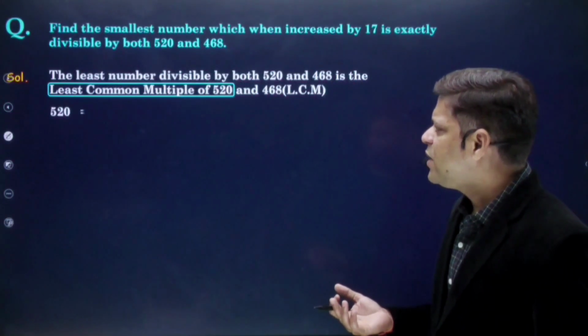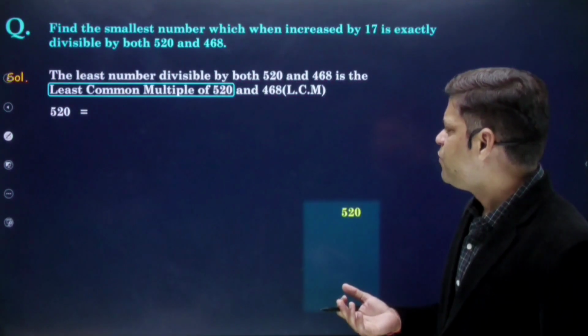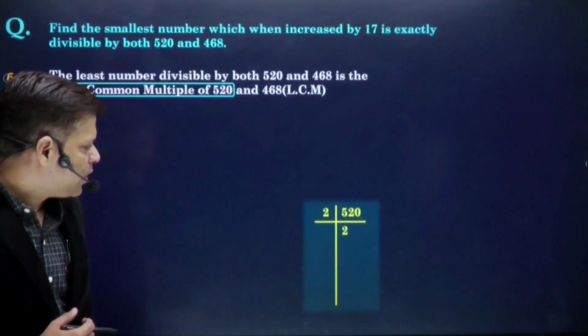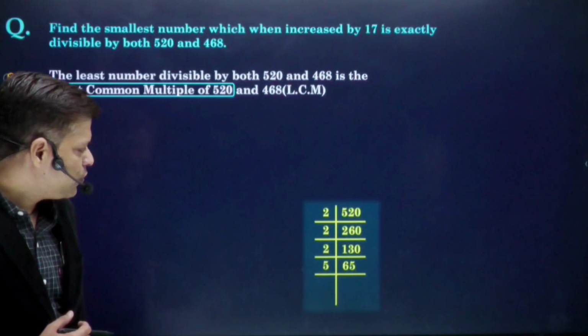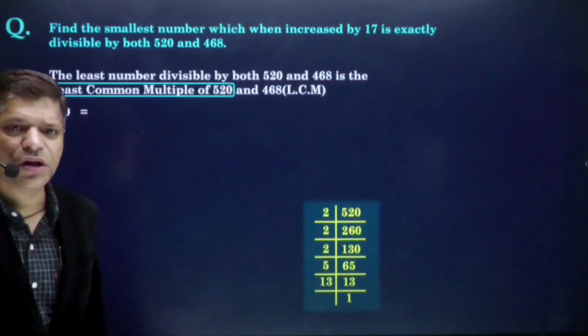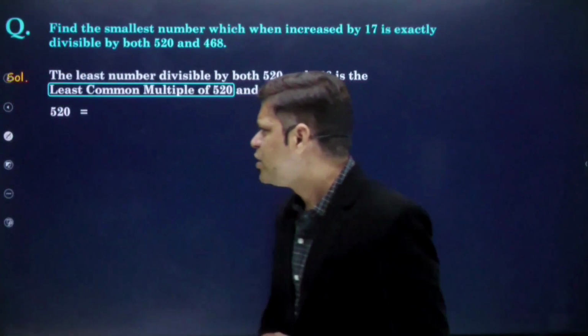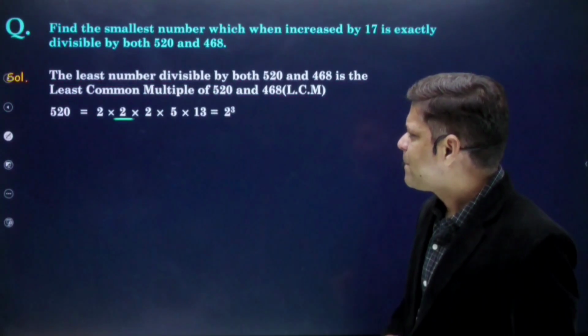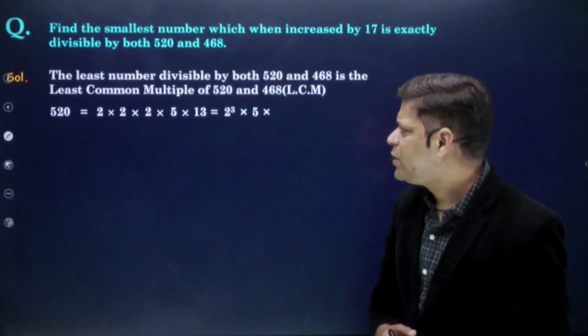To find it, we need the prime factorization of 520, which is 2, 2, 2, 5, 13, that is 2 raised to the power 3 into 5 into 13.